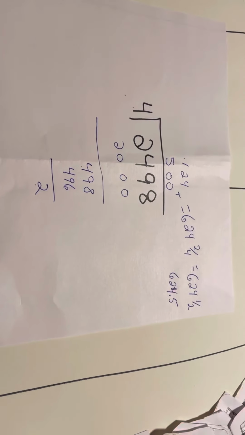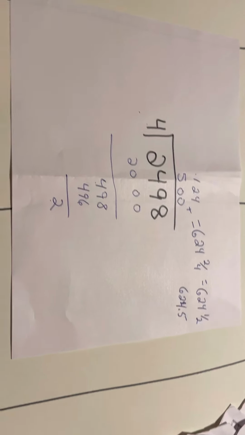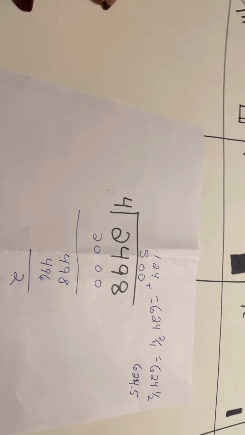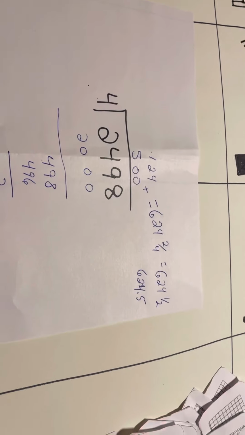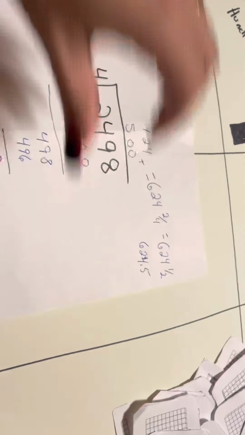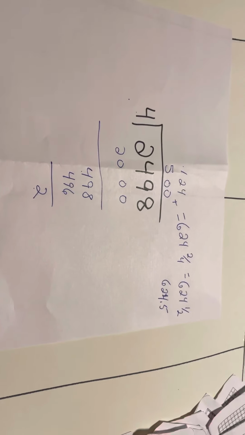I think the benefit of using the place value cards is that it's a visual way and a kinesthetic way to see how the problem's broken down into the groups, and it makes it less confusing.